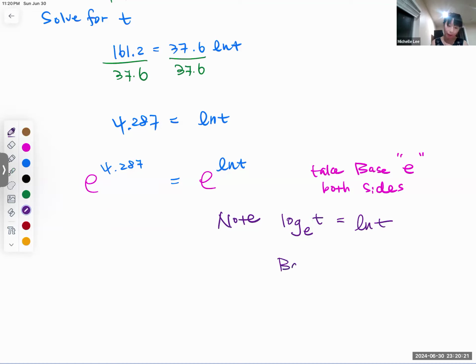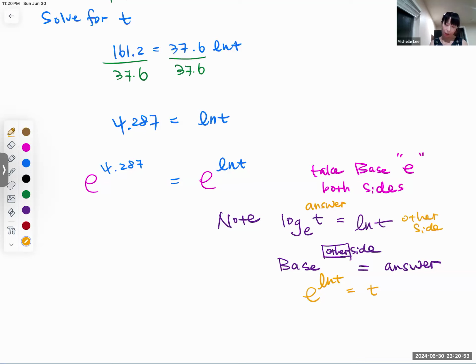We know the base to the other side equals the answer, right? This is the other side. This is the answer, if we are using logarithm format. So there will be base e, the other side will be natural log of t. And then what's the answer? It's t. Yeah. Okay?